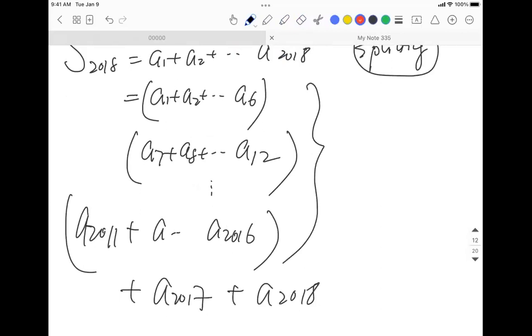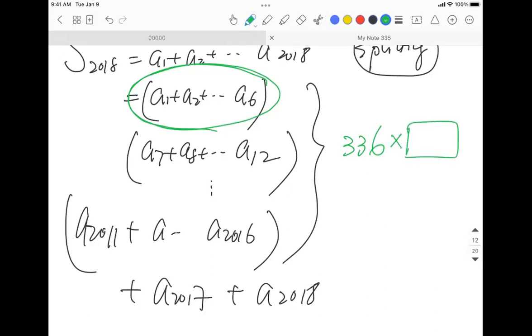So what you need to do is calculate the sum of one period, one cycle. And how many cycles do you have here? You have 363 cycles. So you just have to multiply 363 by the value for one cycle.